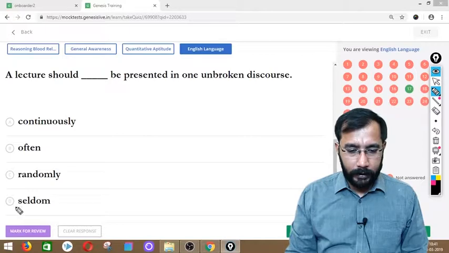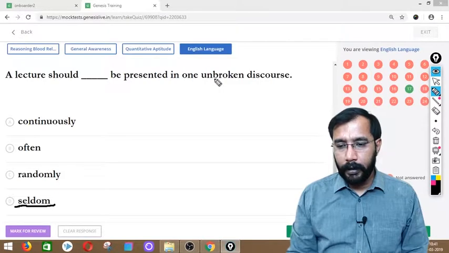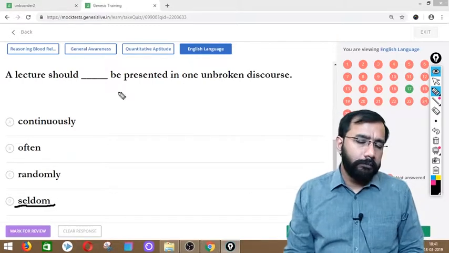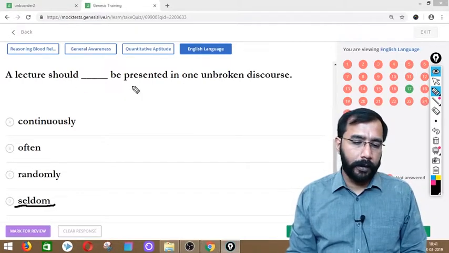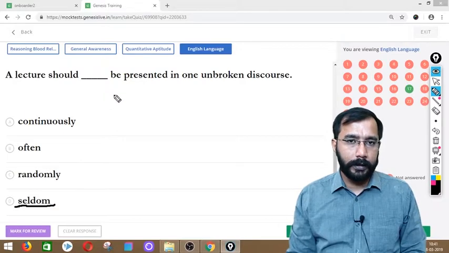So the right answer over here is seldom. Seldom is the opposite of often. Often is too frequent, seldom is once in a while. Once in a while, if you go on ranting about a lecture without any break, in an unbroken discourse, anyone can take it, but if it's done for a long time, it would not be appreciated. So the right answer over here is seldom.